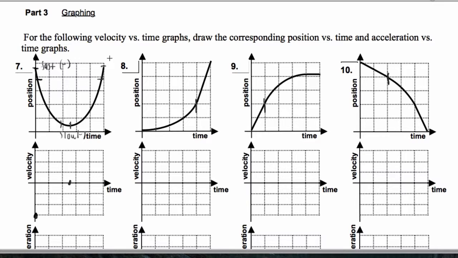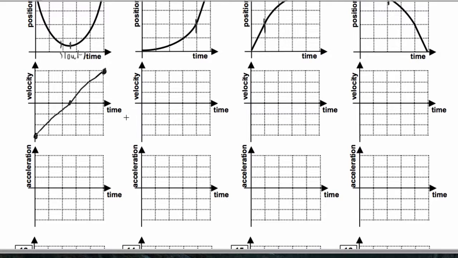And what happens here at the end is that I'm fast with a positive slope, so I wind up moving like this. Now for acceleration, the rule is that this slope is positive, so we draw a flat positive line. Why this works out like this is something we're really going to get to next time when we talk about forces.